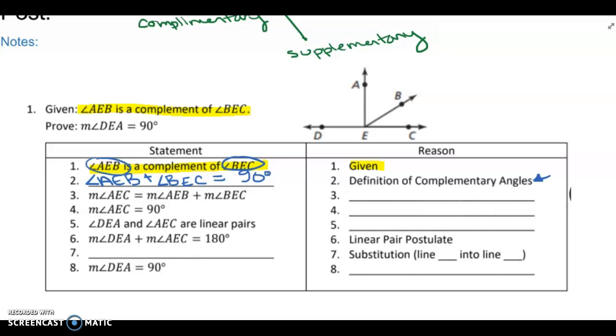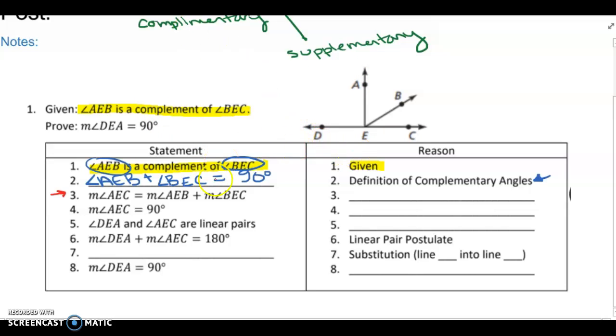All right, now let's look at number 3. So we're given the left side of number 3. We have to figure out the right. So it says angle AEC equals AEB plus BEC. So at first thought, you're thinking, where in the heck did that come from? Okay, well, remember, we're not only given what's given here, we're also given this diagram.